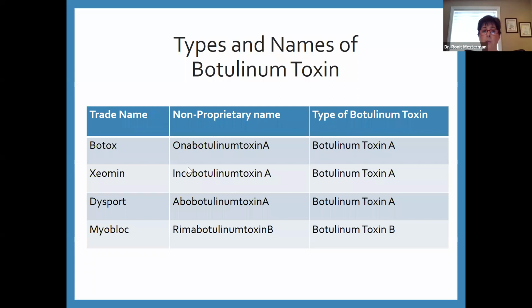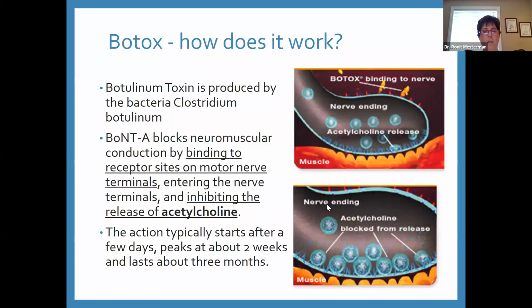In Canada, we have at the moment Botox, and this product is just entering the market, whereas other countries in the world have all formulations. Botulinum toxin A works by blocking the release of presynaptic acetylcholine, and in that way reduces the muscle contraction.